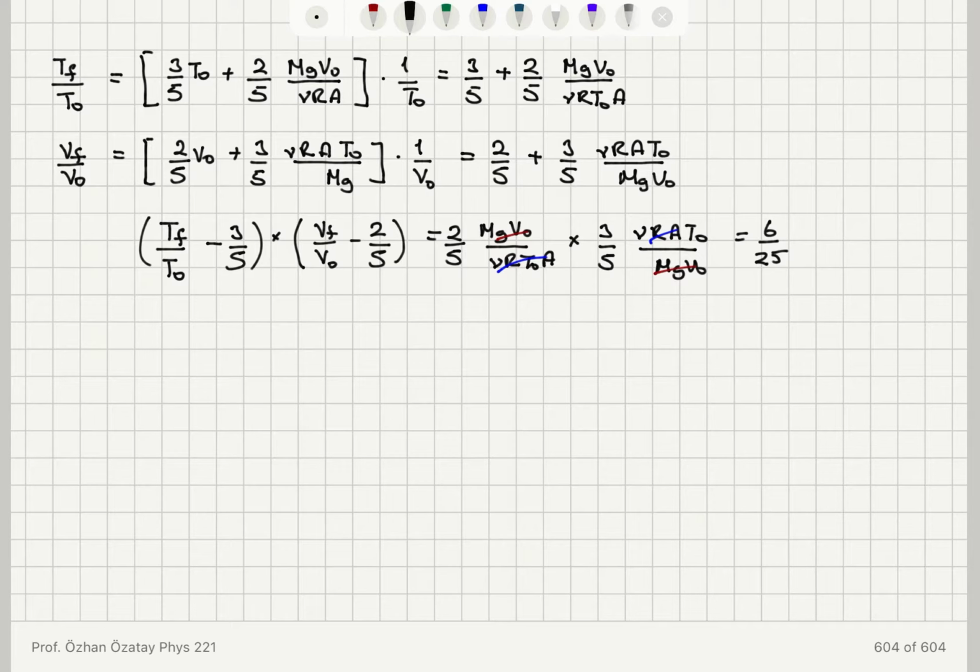So I have T final over T0 multiplied by V final over V0 minus 2 over 5 T final over T0 minus 3 over 5 V final over V0 plus 6 over 25 is equal to 6 over 25.